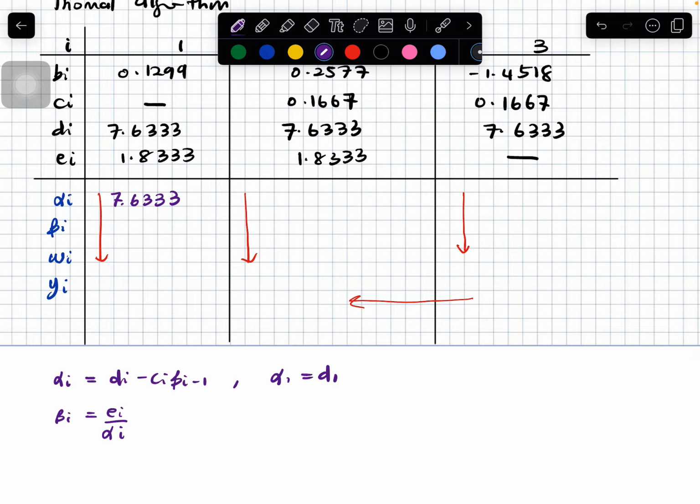So if you want to find beta 1, it is e1 over alpha 1. E1 is this value. Alpha 1 is what you obtained earlier. Okay, and then you have to calculate this. You will get 0.2402.